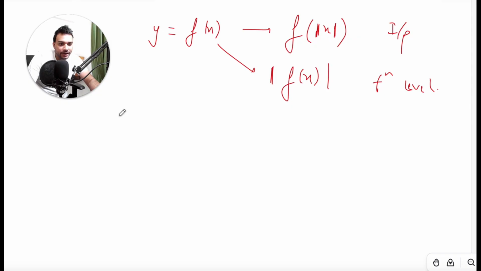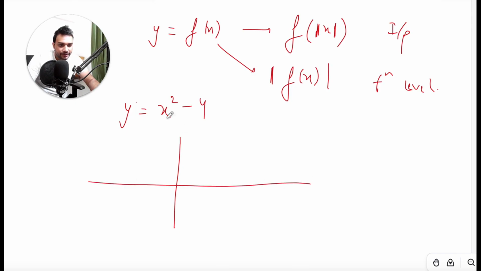So for example, let's say y is equal to x squared minus 4. This is basically (x minus 2)(x plus 2). The roots would be at plus minus 2, minus 2 and plus 2, like this.